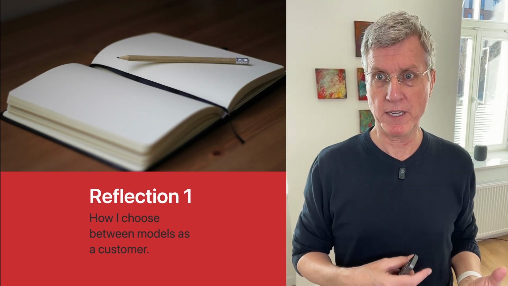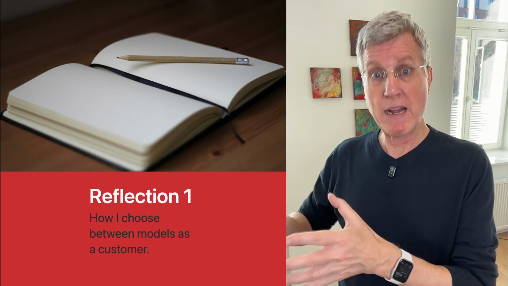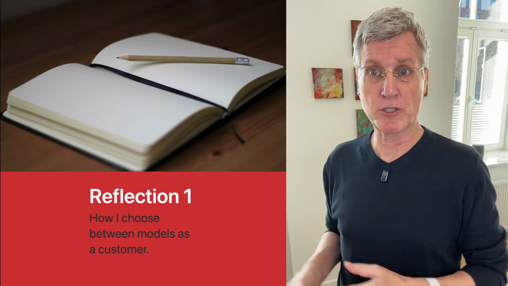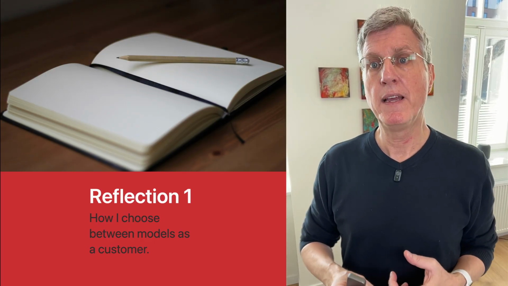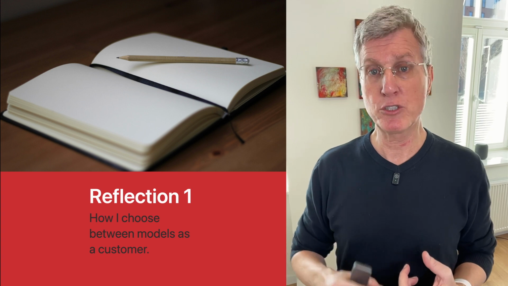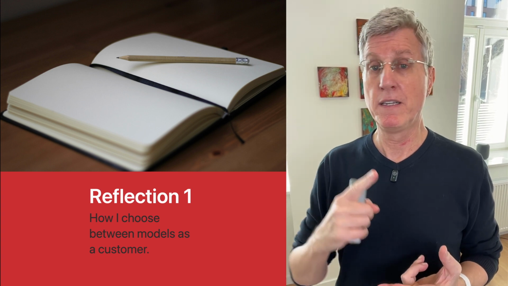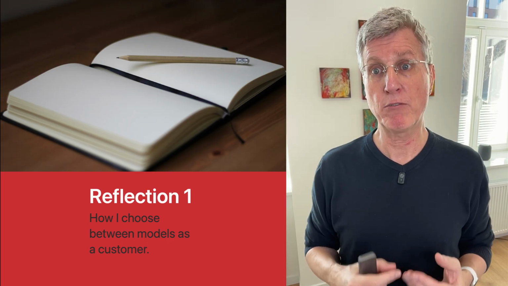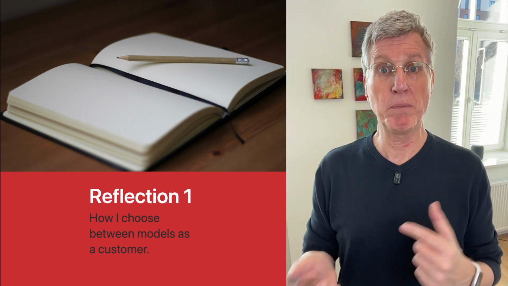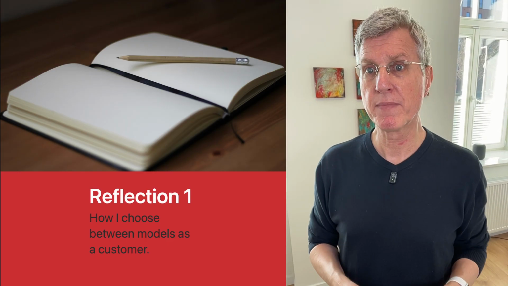I'd like you to reflect on this. And throughout this course, throughout these modules, I'll be asking you to take out your journal and at the top of a page, write today's date, the module number, and reflection 1. And below that, write how I choose between models as a customer.